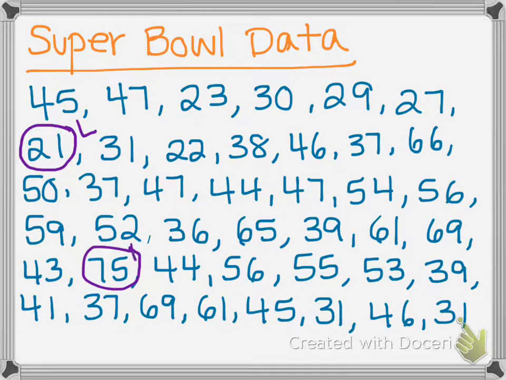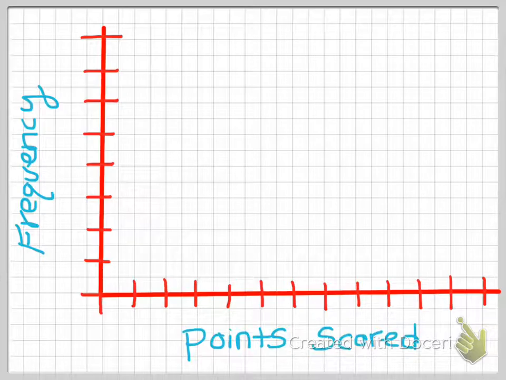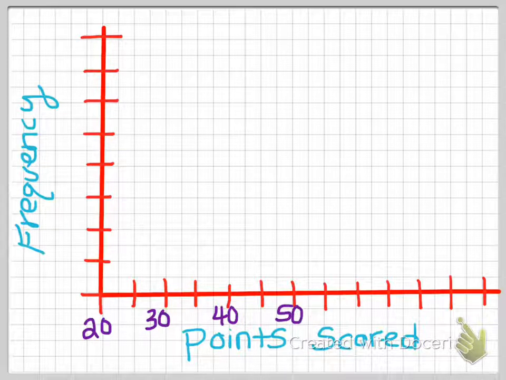So going back to our histogram, let's say that we want to start this at 20 and we count by fives up to, we at least have to, let's go up to 80. So we have 20, 30, 40, 50, 60, 70, and 80.